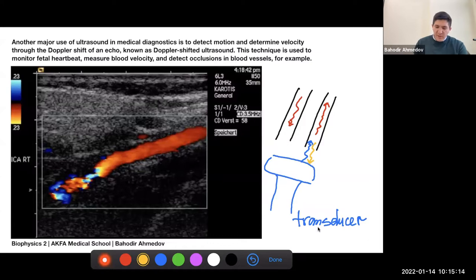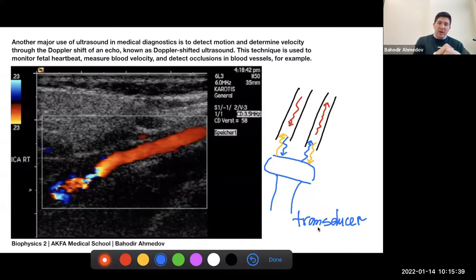At the same time, if you send some signal to the blood and you get back the higher frequency, it means that the blood is moving towards the transducer. So the Doppler shift is very helpful for us to understand the direction of the blood, where it goes, and also what the speed of the blood is.